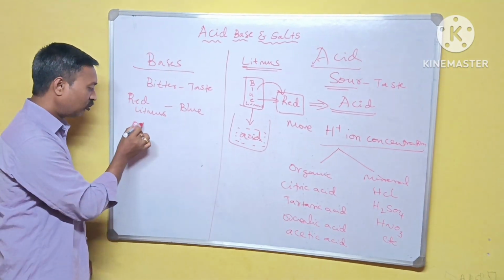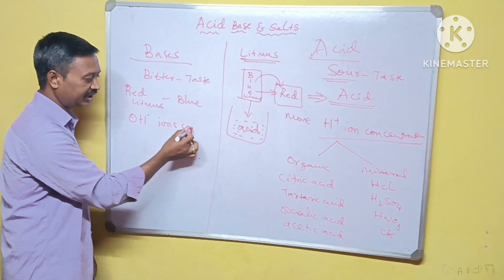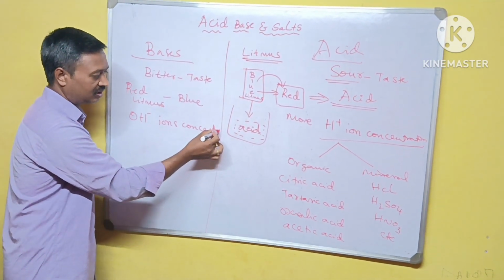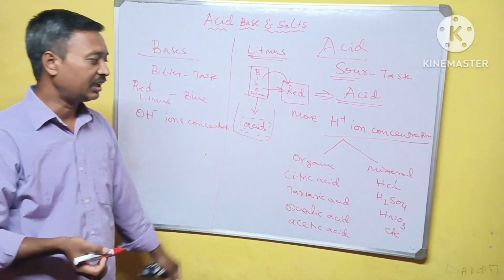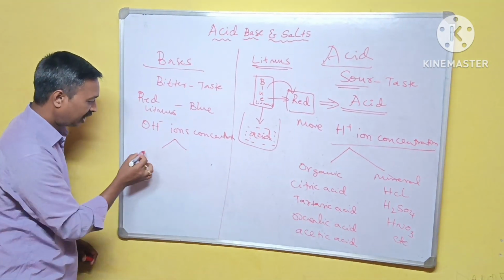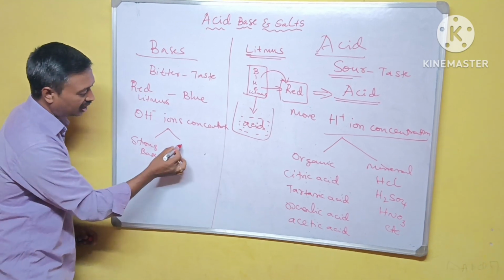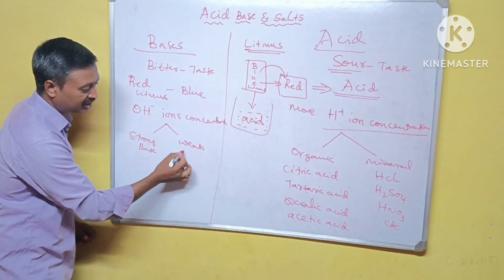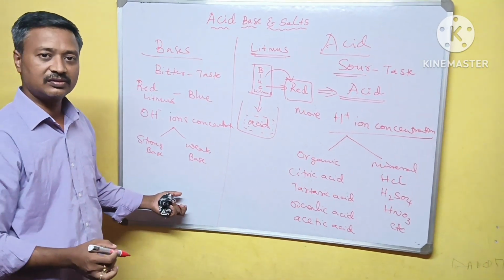Bases have more OH minus ion concentration. In the bases we again have two types, strong bases and weak bases. Later on, in the higher classes, you will come to know this.